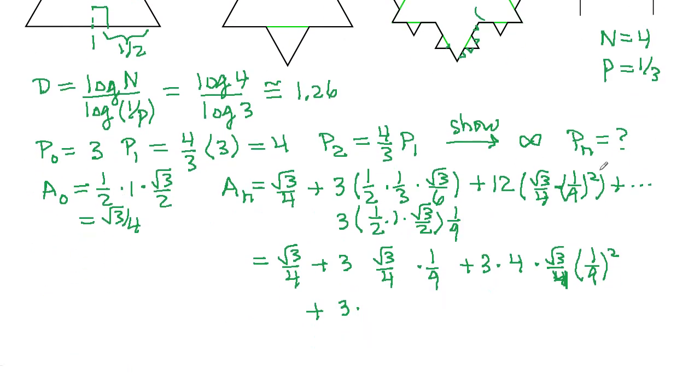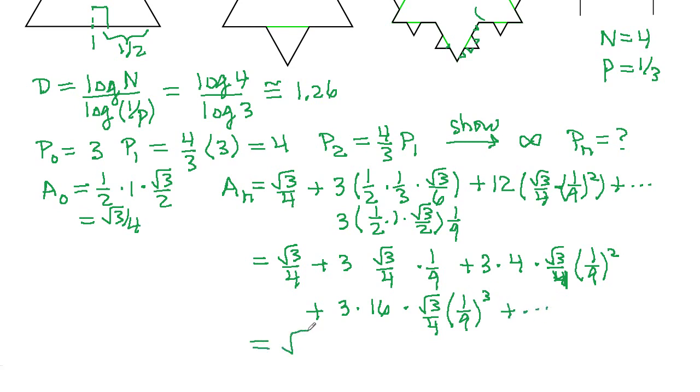So not 24, but 48. So that 48 is actually 3 times 16. And then you'll take your original area, root 3 over 4, and base and height get multiplied by 1/3 again. So that's another factor of 1/9, so that's 1/9 cubed. And you keep going with that.